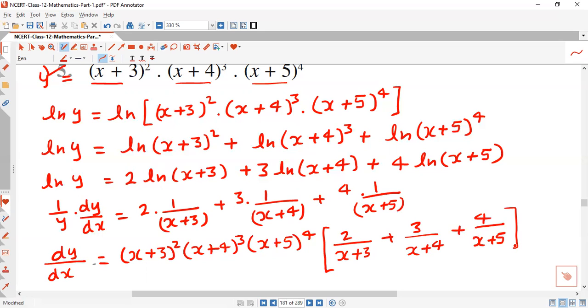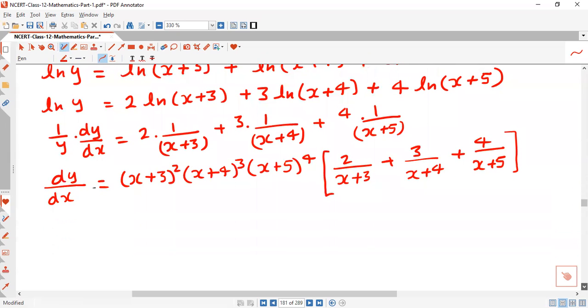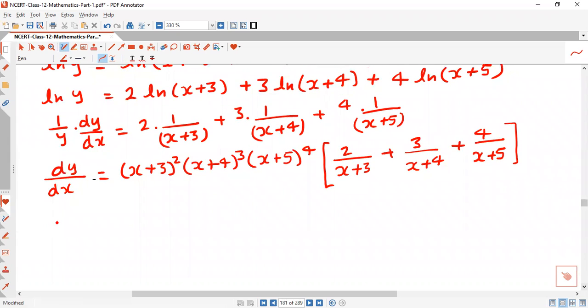As we always try to do, we don't want denominators. You have learned this already in earlier classes. So we want to simplify this.